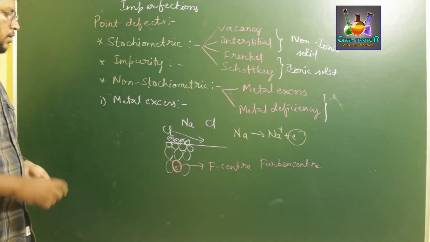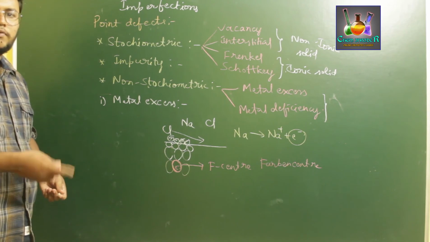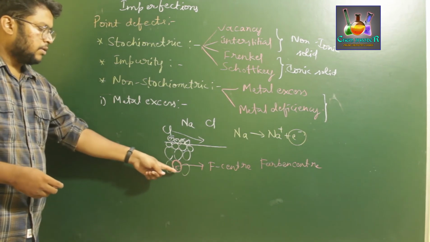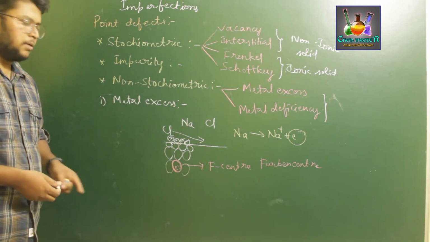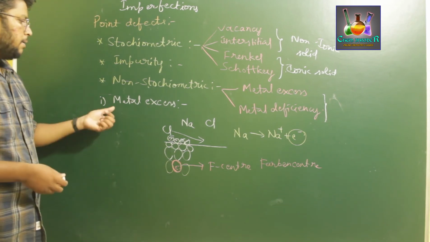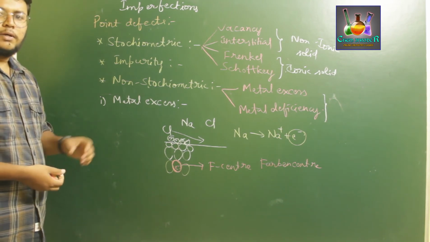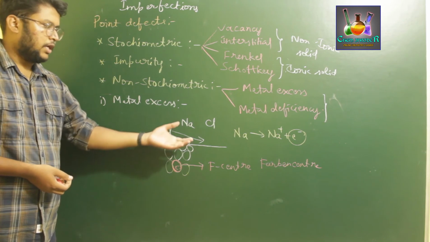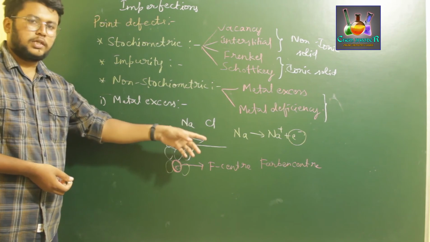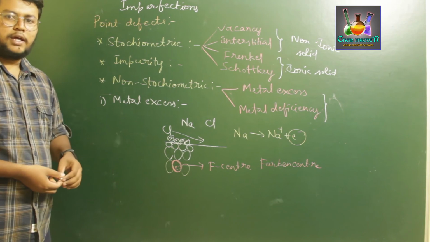The Farben center makes sure that the number of metals present with respect to the number of non-metals is different. In this case, the number of metals present is more because one of the positions of chloride ions is occupied by an electron. This leads to a defect called metal excess defect. So metal excess defect is basically due to an electron released by a metal during bonding getting occupied at a site called the Farben center, or F center.